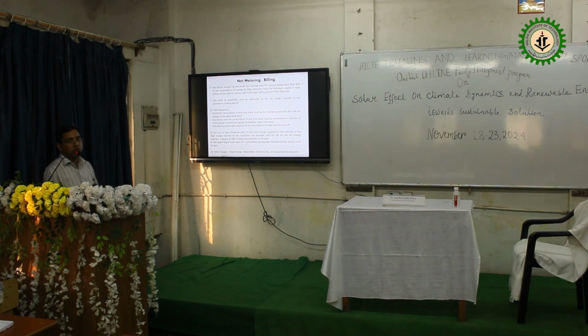Okay, but this may be 100 units, whatever the total consumption is, basically 150 units within that period. So within that it will be adjusted at the end of the financial year. Okay, so that is basically when the total energy supplied by the licensee is less than the energy injected by the consumer, then there is nothing to pay, as long as the net energy injected does not exceed 90% of the total consumption in a year.